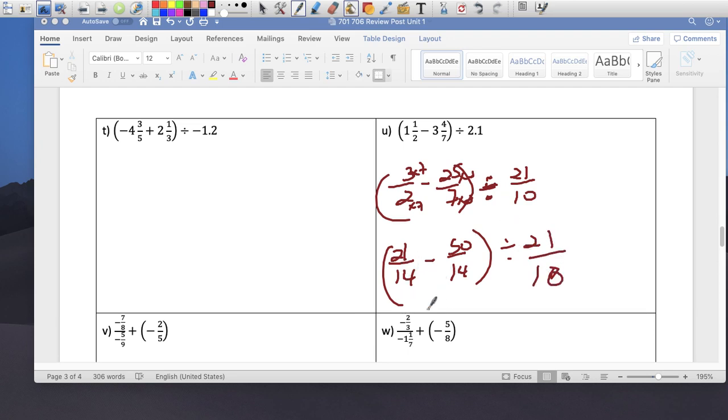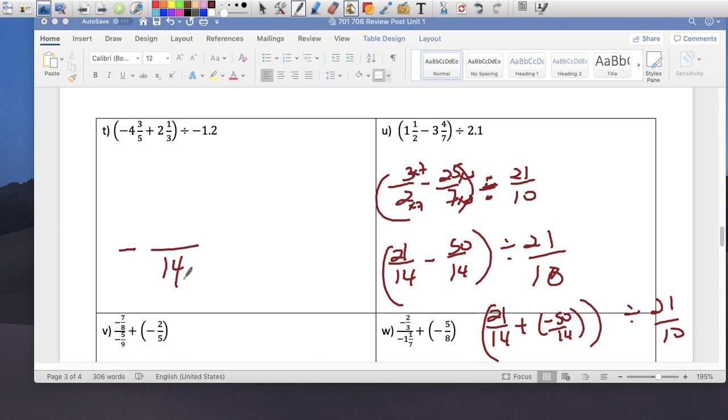So here I can remember, change to an addition. So it's going to be 21 over 14 plus negative 50 over 14. Then divide that by 21 over 10. So who's going to win? The negative or positive? The negative. So I'm going to put it over here. Negative is going to win, and 50 minus 21 is 29, divided by 21 over 10.